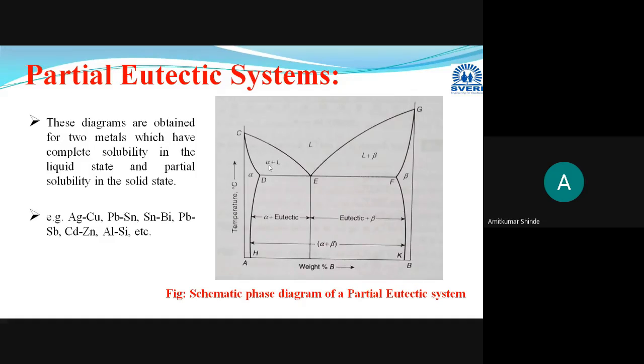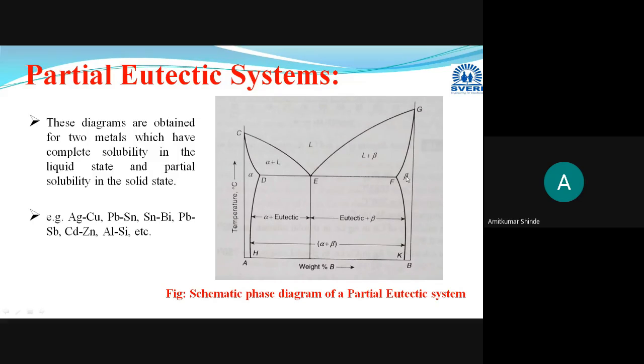As these elements are partially soluble in each other, alpha will represent the solid solution of element B in element A. Here element A will act as the parent metal and element B will act as the alloying element or solute. That will be termed as alpha.